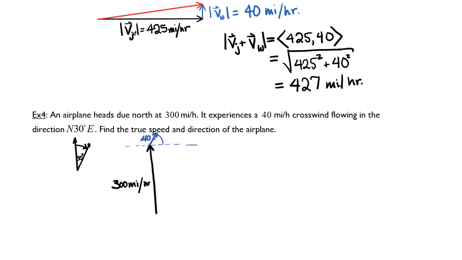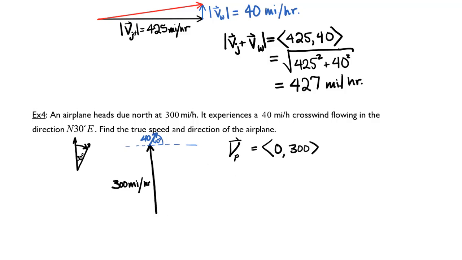If I wanted to describe this 60-degree angle here that the wind is forming, it's easy to describe the components of the plane. If we wanted to give the vector for the plane, we'll call it v sub p, is equal to 0 in the x direction, 300 in the y direction, because it's heading due north.